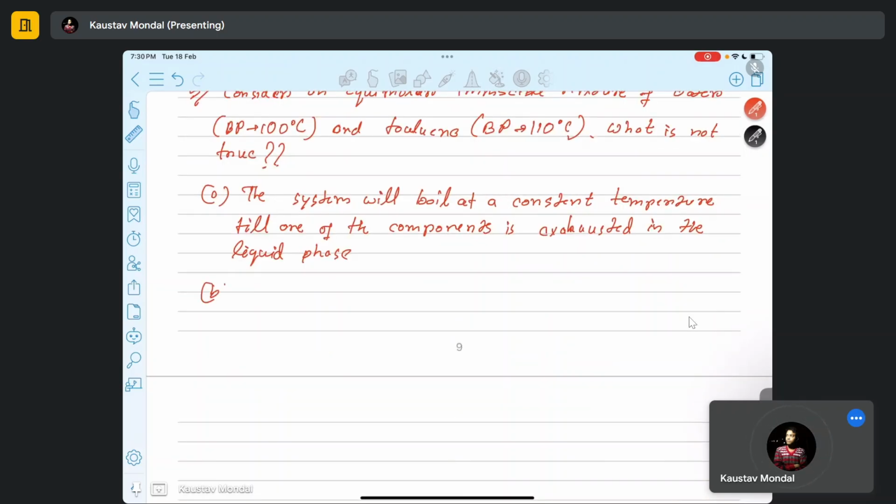Option B: the boiling point of the mixture is lower than that of water.